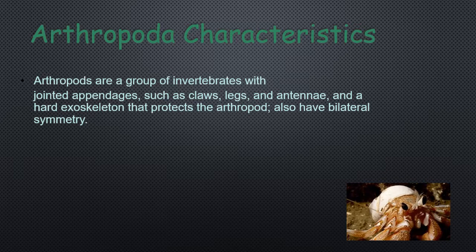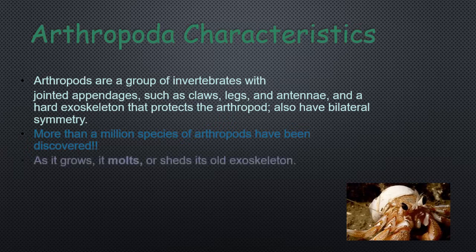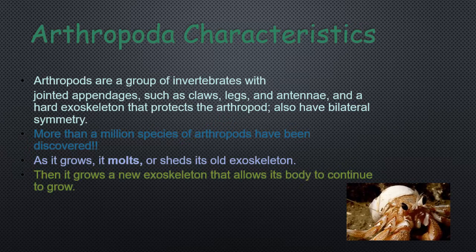And they have bilateral symmetry. There are more than 1 million species of arthropods discovered. As our arthropods grow, they molt or shed their old exoskeleton, and then it'll grow a new exoskeleton that allows its body to continue to grow.